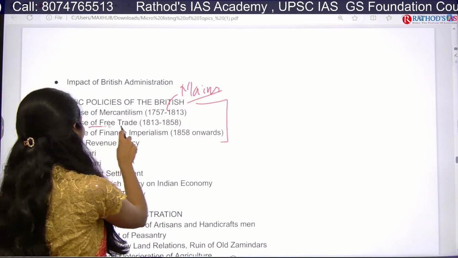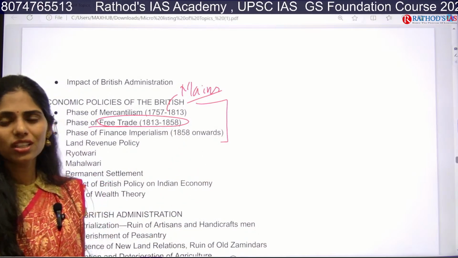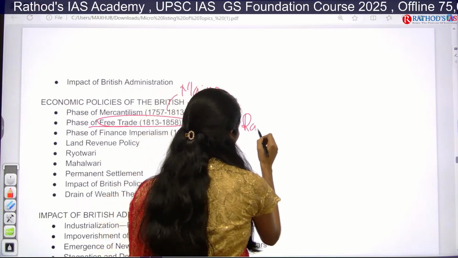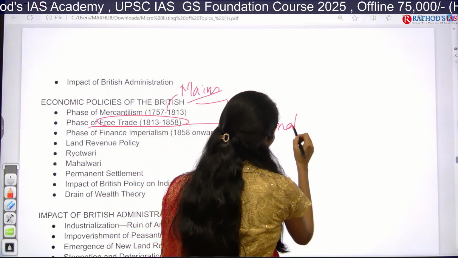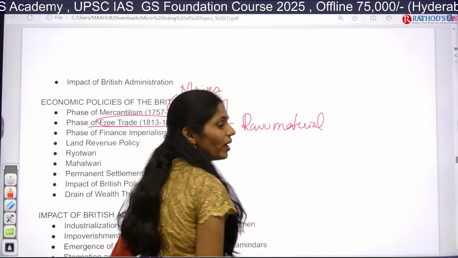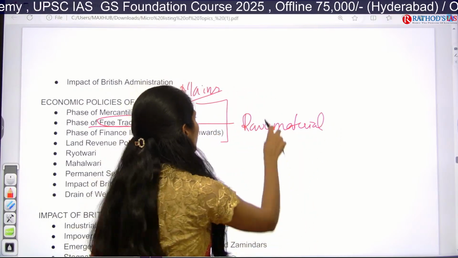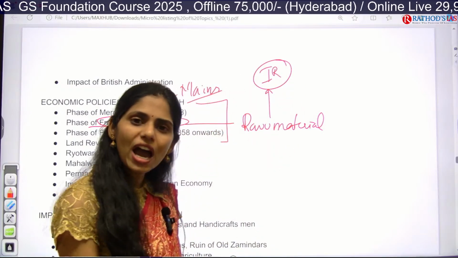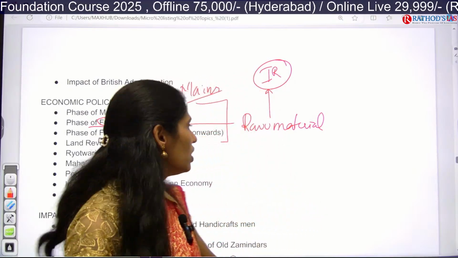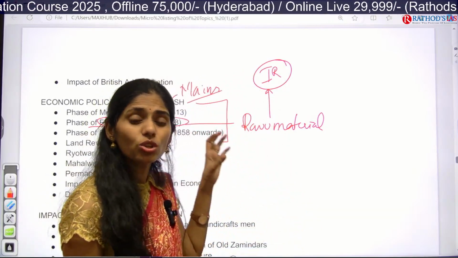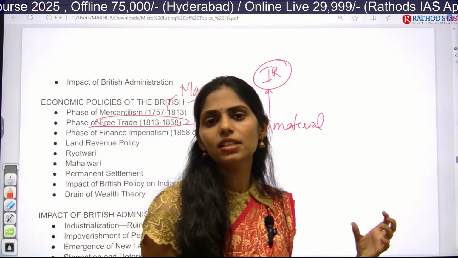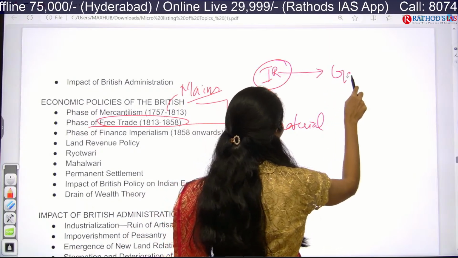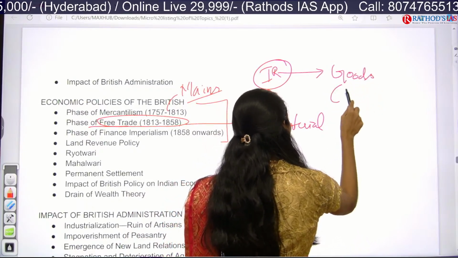And later on what happened, free trade. In this free trade, they started taking raw material from India. Why did they need raw material? Because they started the IR, the industrial revolution. After the start of the industrial revolution, they needed raw material for industries. So they started taking raw material from India, and using industries they produced goods, which we call final goods.